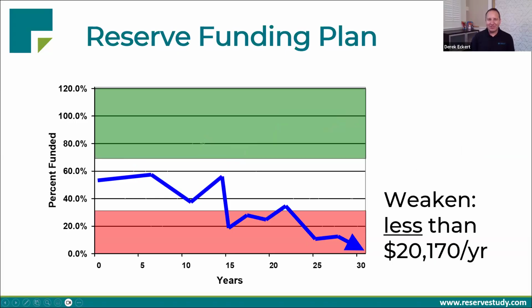And if you're at 55% funded and you contribute less than $20,170, your percent funded is actually going to deteriorate or fall below into that weak funding position over the duration of these 30 years.